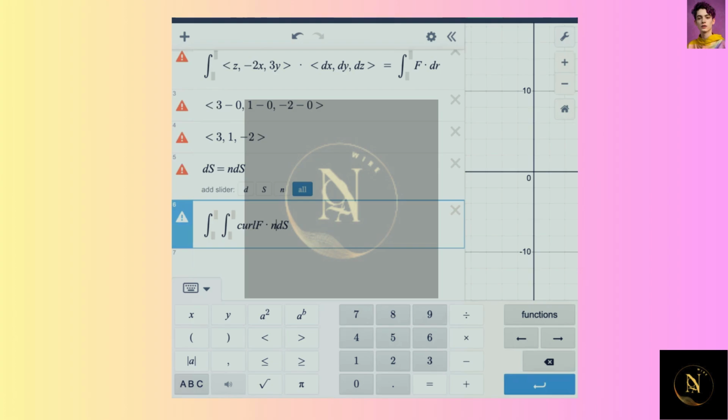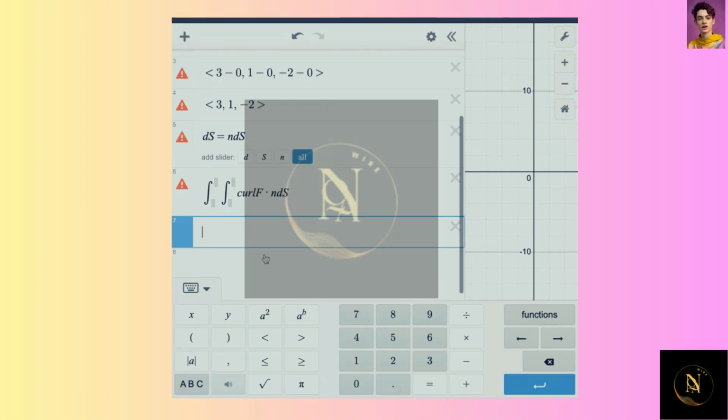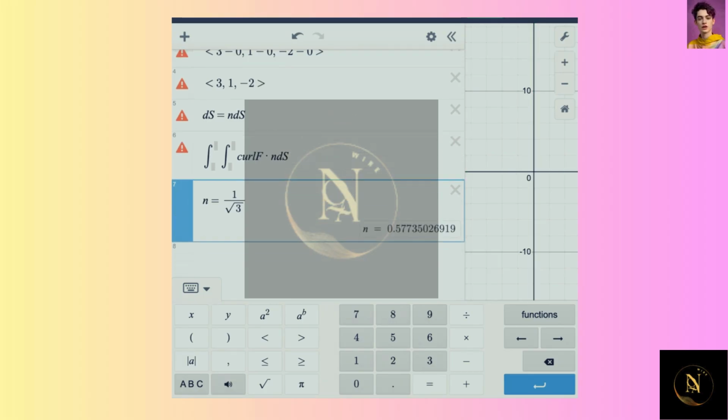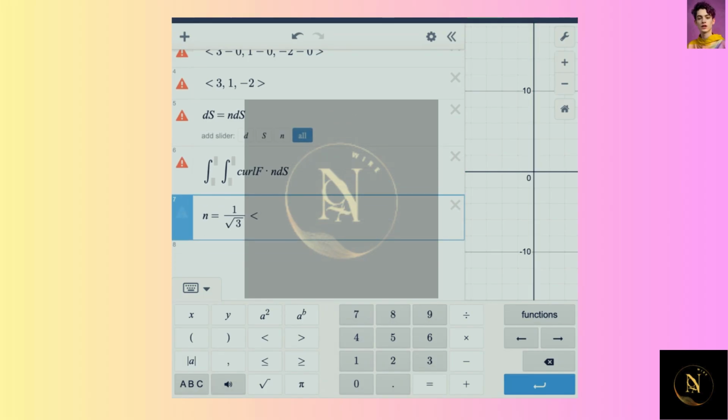Because of that, we want to determine our normal vector n. Since x plus y plus z equals 1, we see that our normal vector is equal to 1 over the square root of 3 times this vector right here.